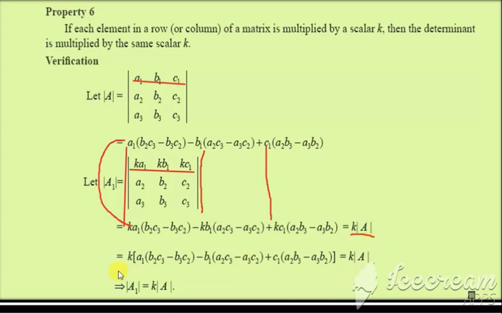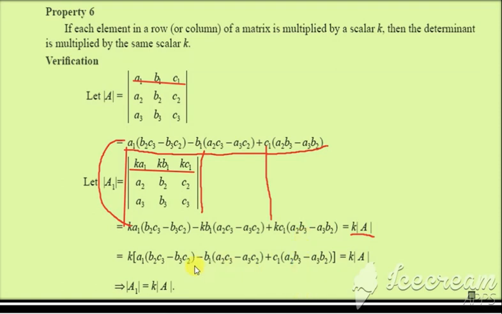So already we know k into determinant of A, the value in the previous step: determinant of A here is a1 (b2 c3 minus b3 c2) minus b1 (a2 c3 minus a3 c2) plus c1 (a2 b3 minus a3 b2). I substitute here.